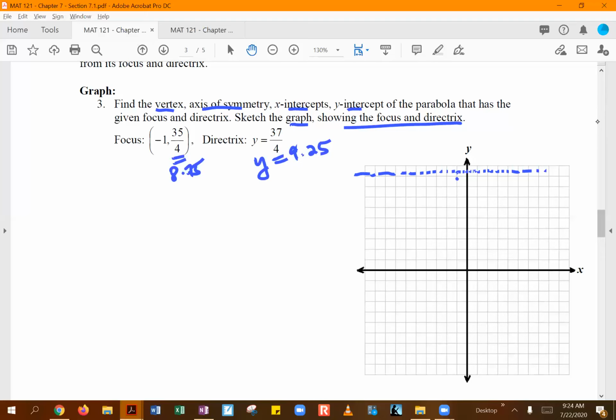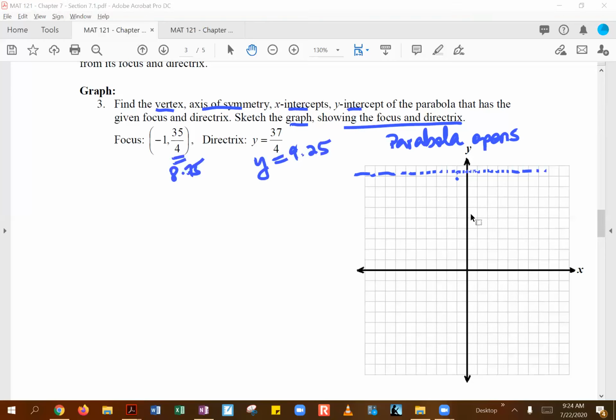So the reason why I'm graphing this is to show you that your focus is below the directrix, so that actually tells us that our parabola does it open up or down? What does that tell us? Yeah, very nice, Lori.